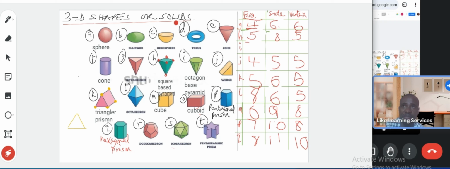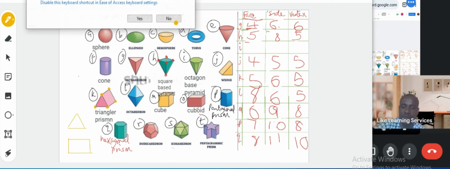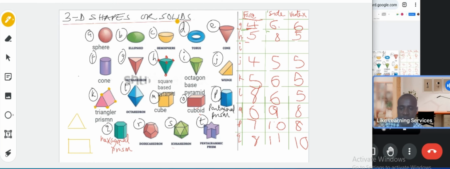3D shapes are solids. 2D shapes have only two dimensions, like a rectangle, a circle. Only two dimensions. That's 2D. All these ones, rectangles, squares, hexagon, trapezium, are 2D shapes, two dimensions.